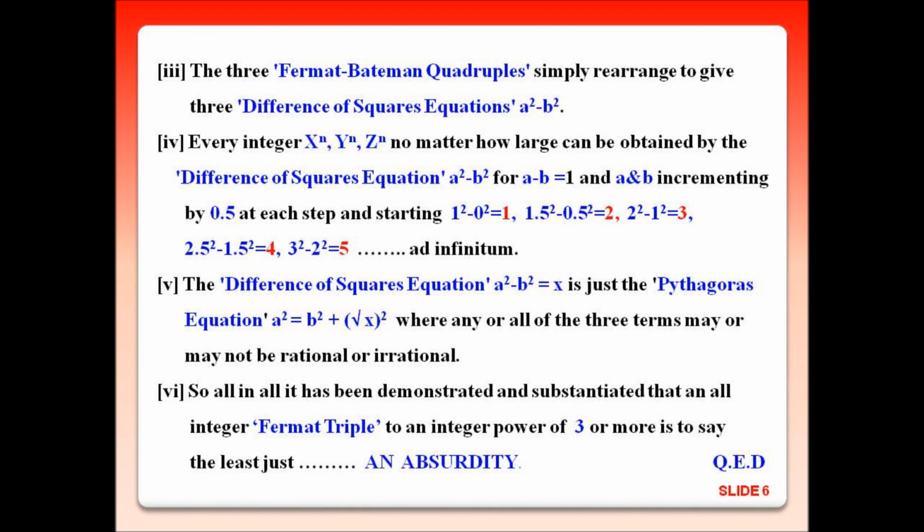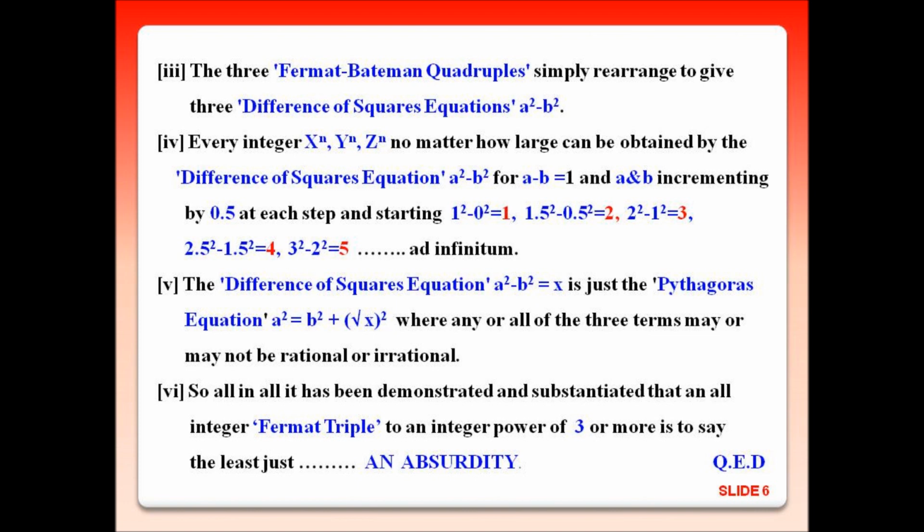Every integer x to the n, y to the n and z to the n, no matter how large, can be obtained by the difference of squares equation, a squared minus b squared, for a minus b equals 1 and a and b incrementing by a half at each step, starting 1 squared minus 0 squared equals 1, 1 and a half squared minus a half squared equals 2, 2 squared minus 1 squared equals 3, 2 and a half squared minus 1 and a half squared equals 4, 3 squared minus 2 squared equals 5, and so on ad infinitum.